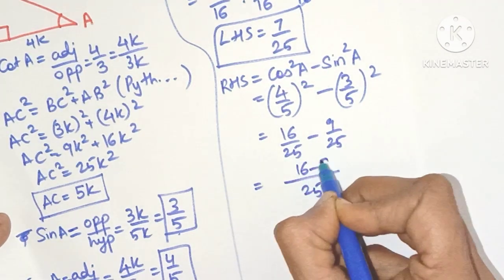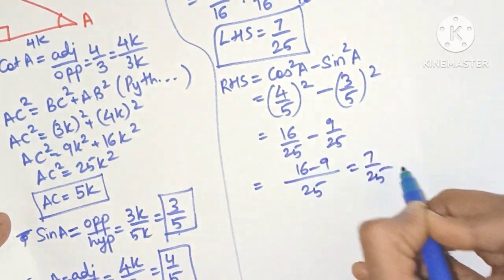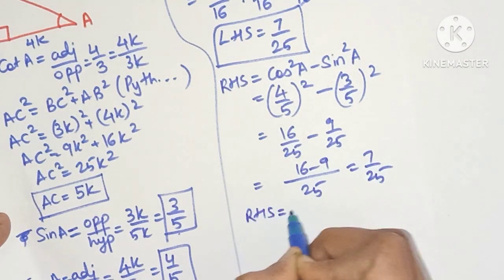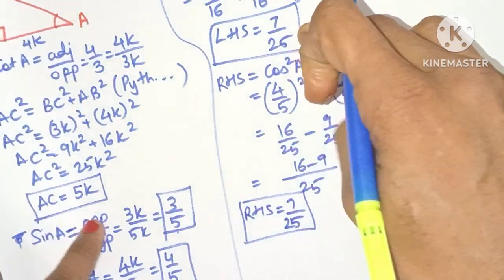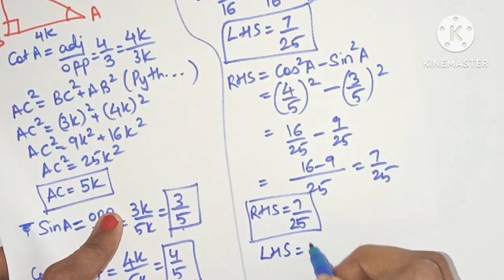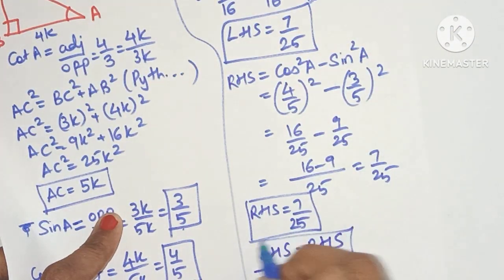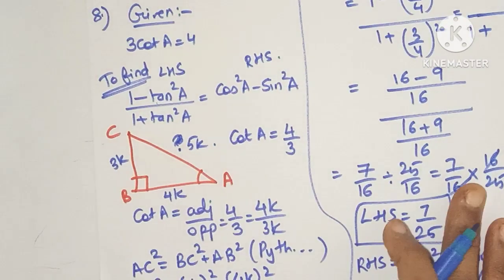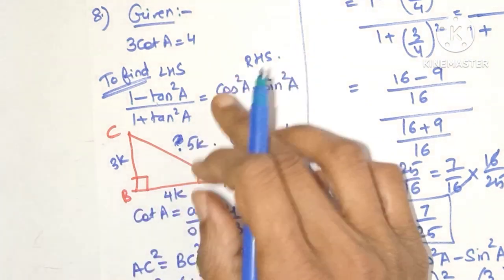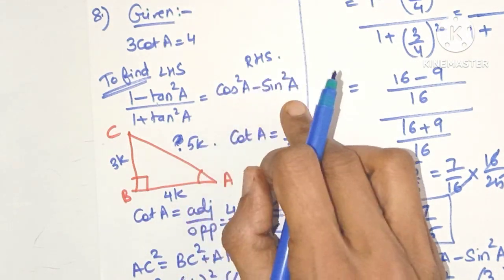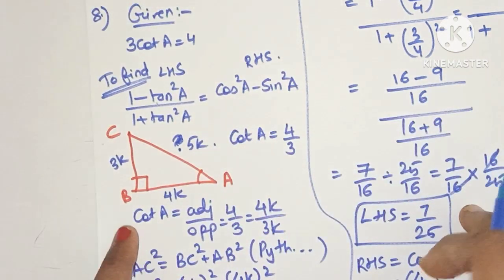So 16 minus 9, which is 7 by 25. Wow, that's great. So you got the RHS also as 7 by 25. That means LHS is equal to RHS. Therefore, you can clearly say that 1 minus tan square A by 1 plus tan square A is equal to cos square A minus sin square A. Okay friends, I hope you understood.